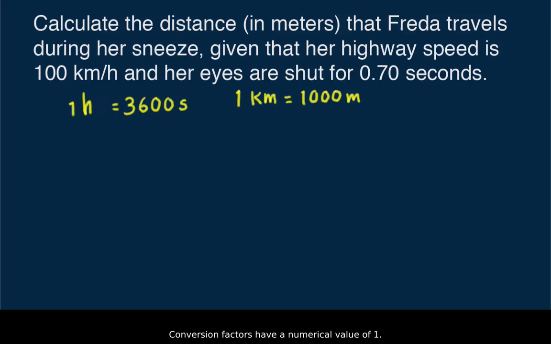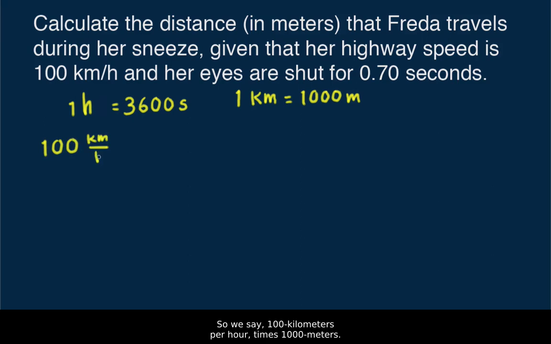Conversion factors have a numerical value of 1, like 1,000 meters divided by 1 kilometer, or 1 hour divided by 3,600 seconds, each equal to 1 in magnitude. So multiplying a quantity by 1 successively doesn't change the quantity, only its units.